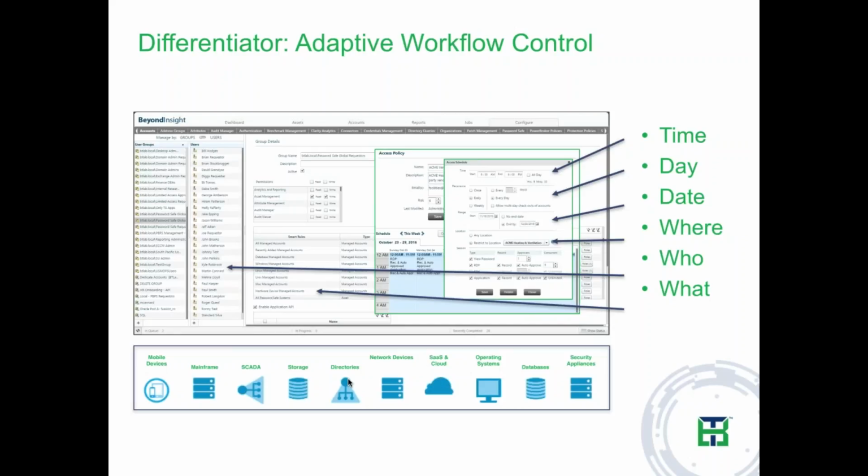Now, the key to all of this, the secret sauce, is something we call adaptive workflow control. And this is really, really simple. You've got groups of users, so I've got groups like Active Directory groups here at the moment. I have also got groups of managed accounts, so I've already got groups of, for example, my Linux systems, my Unix systems, my Mac managed accounts, Windows managed accounts.